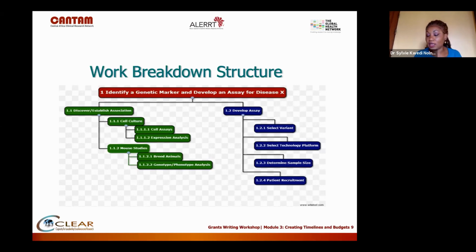You basically take the main aim and objectives, and you break it down into work packages. The work packages, for example, can be a laboratory work package, a regulatory work package, a clinical work package, a data management work package.